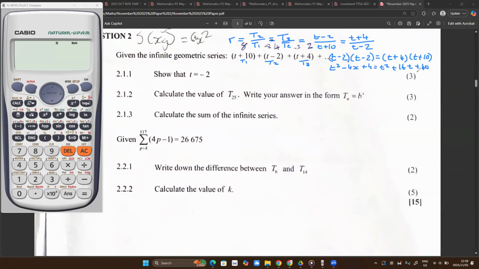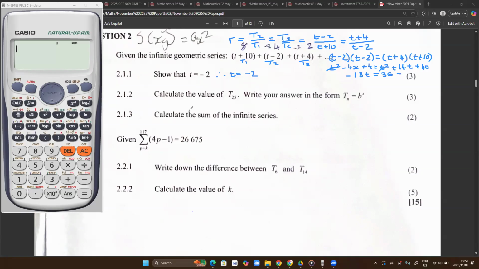And once we get the t squareds to cancel, that's excellent. Let's bring everything across to make the t, so we get negative 4 minus 14 will be negative 18t once we come across, and that'll be 40 minus 4, which is 36, and so we get t is equal to negative 2. So that's correct. So let's just put therefore t is equal to negative 2, which is what we're supposed to get.